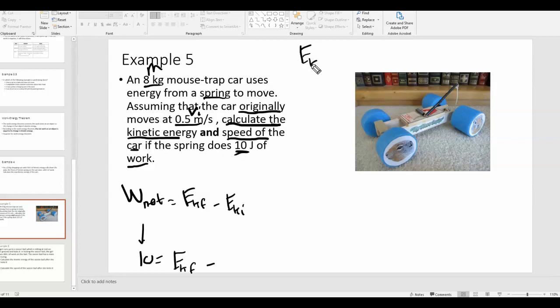So remember, EK is 1/2 mv squared. So EKI would be 1/2 times the mass times the initial speed squared. And so I'm going to plug in there 1/2 times 8 times 0.5 squared. And that's going to be 1.